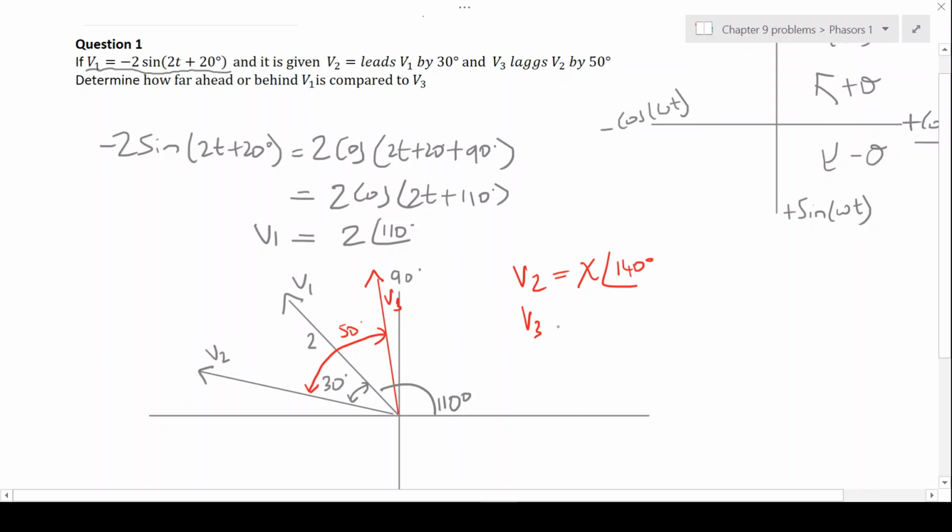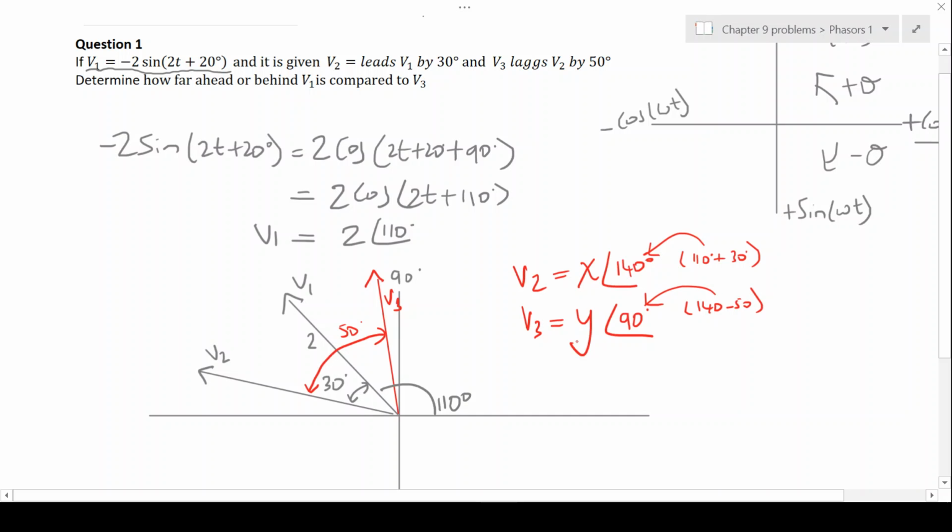And then V3 is behind V2, so let's call that Y, and it would be at 140 minus 50 degrees. So that should give us 90 degrees. So this one was 110 plus 30, which gave you 140, and this one was 140 minus 50, which gave you 90 degrees.